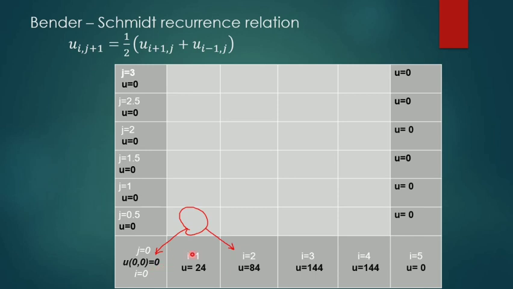So here you have 0, here you have 84. So 84 plus 0 divided by 2. What will you get? 42.